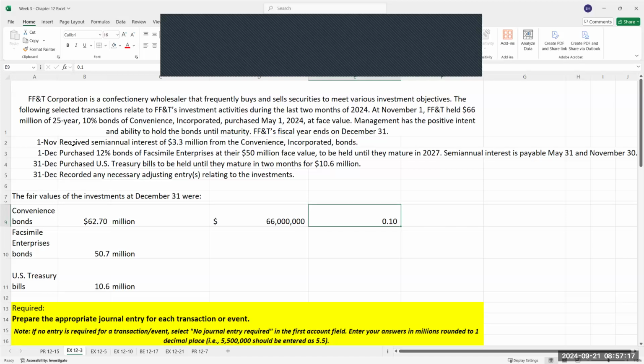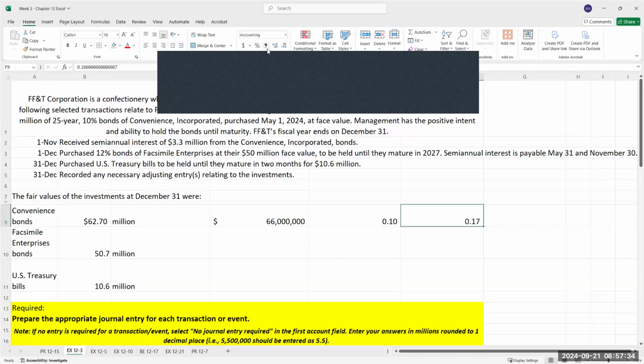The last time we received interest for the convenience bonds was November 1st. So therefore, interest has accrued for 2 months, for November and the month of December. So therefore, it would be 2 divided by 12, which will give us about 17%. So from there, we ultimately determine how much interest we've earned.